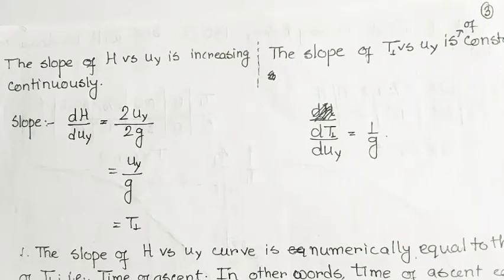So two things we have to keep in our mind. The slope of the T1 versus uy curve gives us the inverse of the acceleration due to gravity at that place.